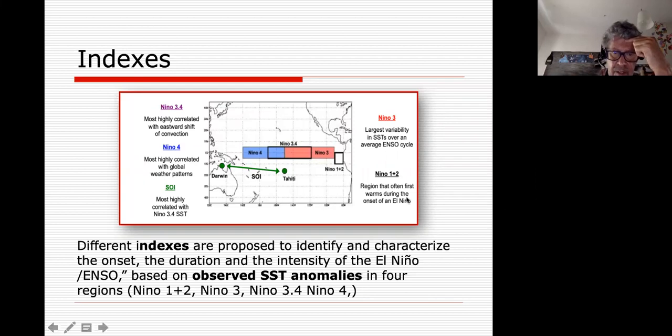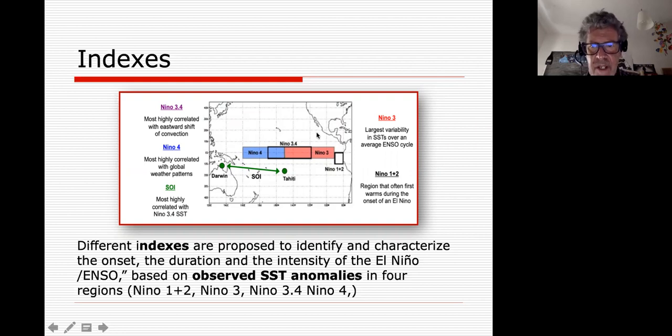We already saw the Southern Oscillation Index, that is the pressure difference between Tahiti and Darwin. Many different indexes have been proposed. One is the Niño 1+2. This is the surface temperature anomaly related to the region that often first warms during the onset of the Niño, so it anticipates a bit the Niño condition.